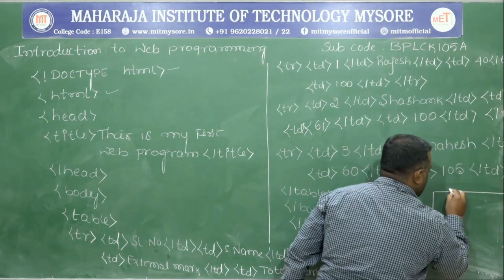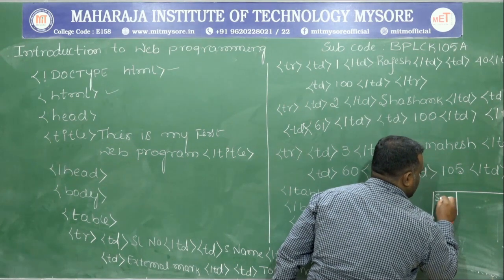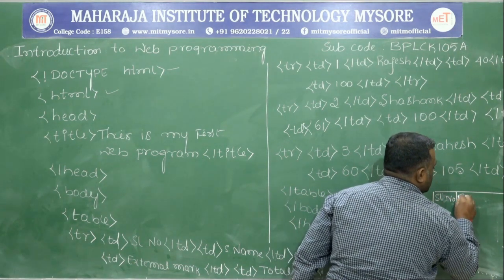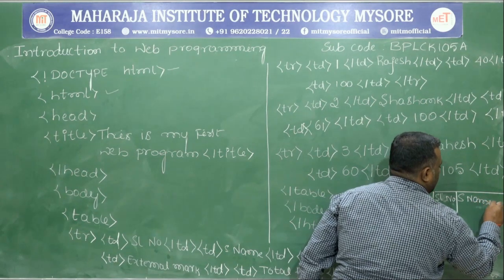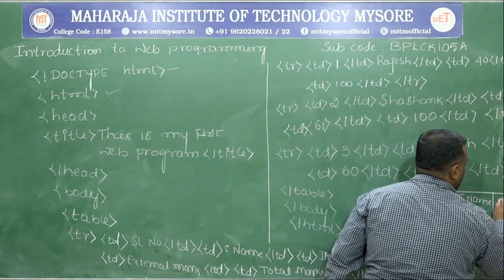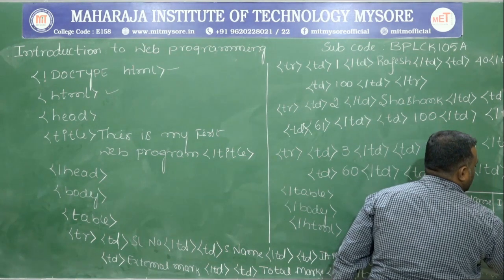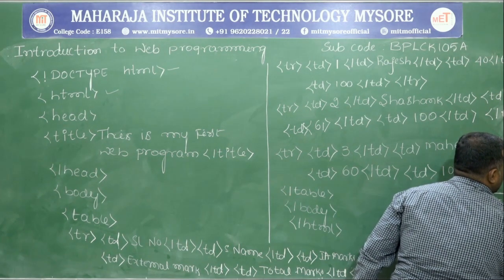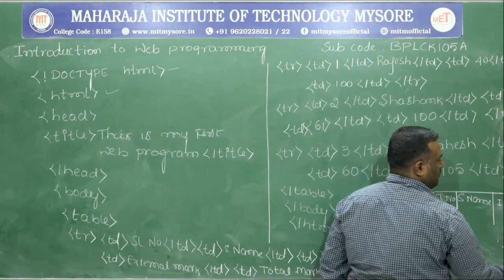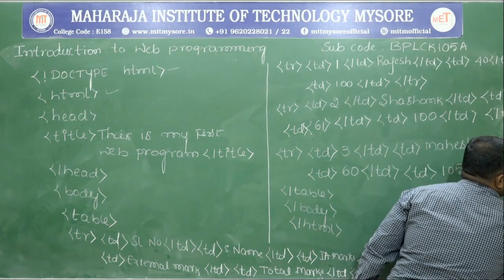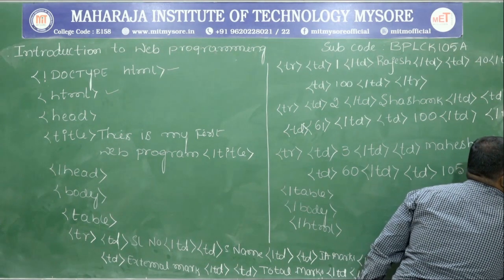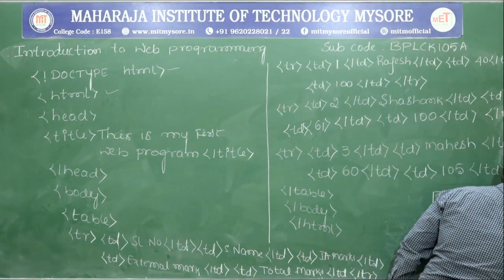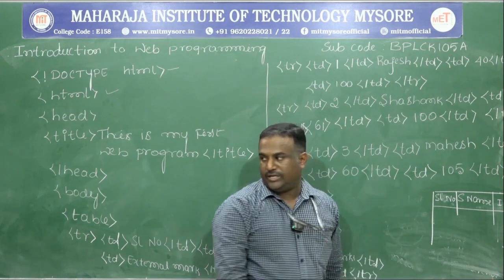First one is serial number, student name, followed by IMRs, followed by external marks, and then final marks. First row created.